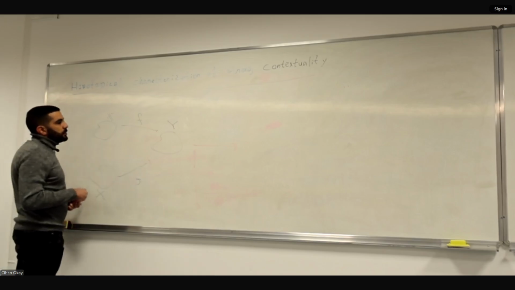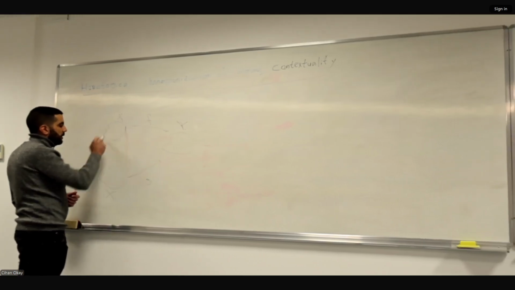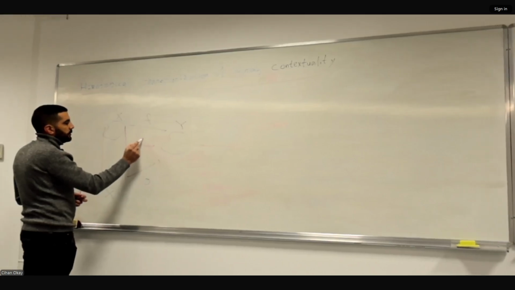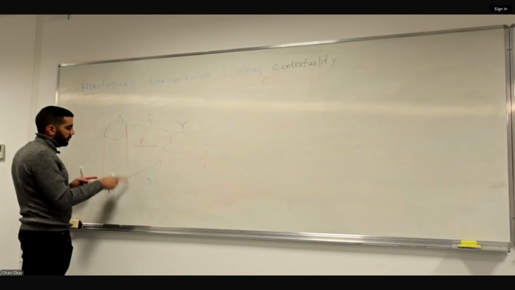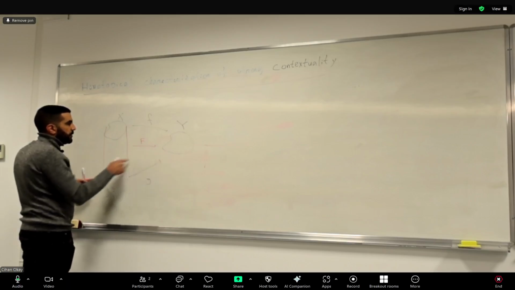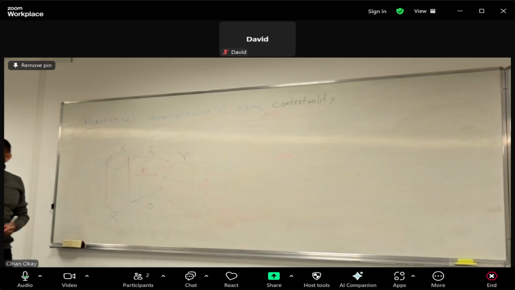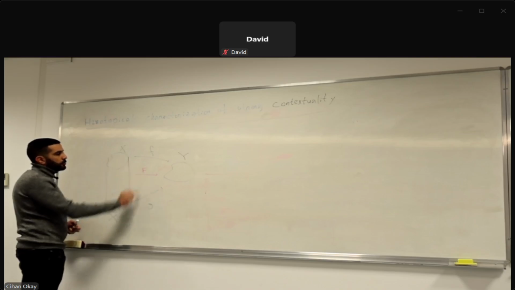The way to do this is to take the cylinder of this x. If we have a map from the whole cylinder such that this commutes, meaning when I restrict to this x it will be g, and when I restrict at the end it will be f, then these two are called homotopic.